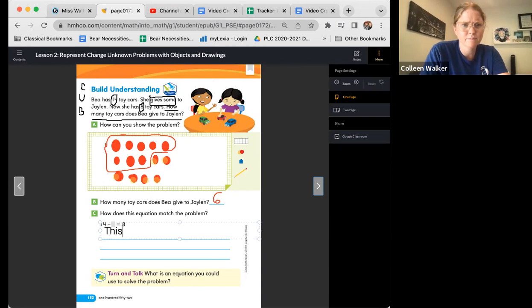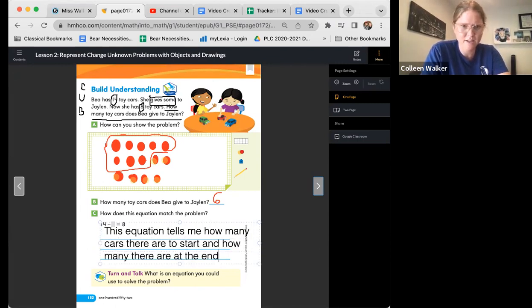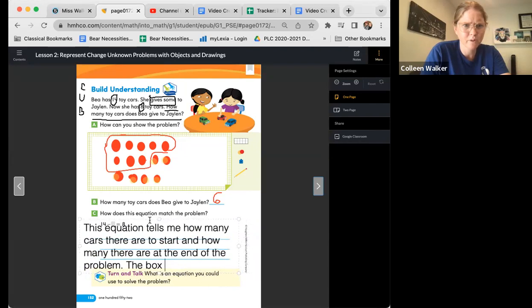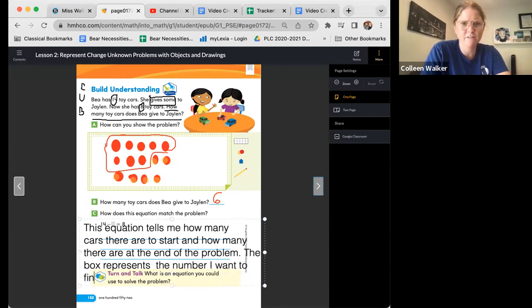This equation tells me how many cars there are to start and how many there are at the end of the problem. The box represents the number I want to find.